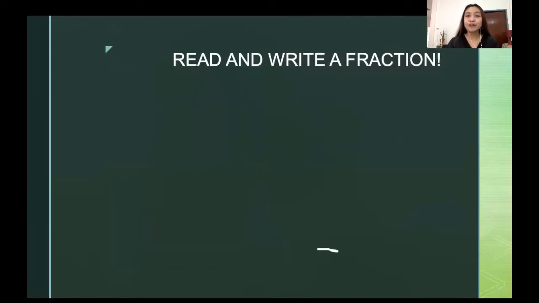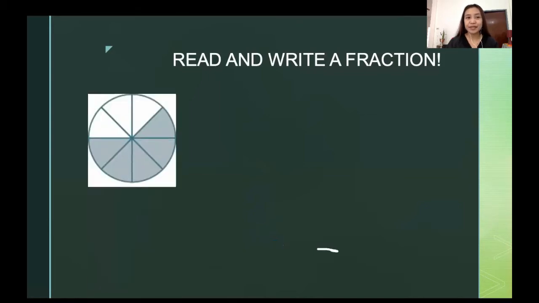Okay, now we are going to read and write a fraction. Okay, what about this figure? How many parts is it divided into? Okay, let's count. 1, 2, 3, 4, 5, 6, 7, 8. There are 8 parts.